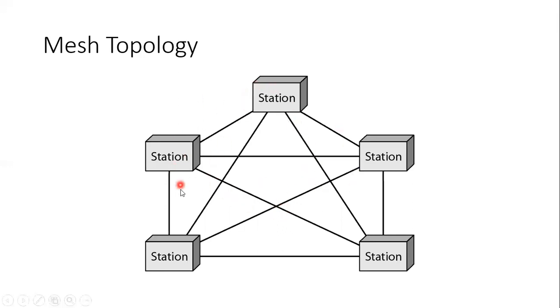Therefore, there are 10 duplex links. So 1, 2, 3, 4, 5, 6, 7, 8, 9, 10.